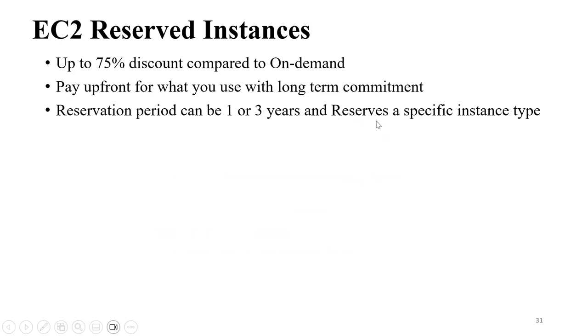Yes, here it is a specific instance type. Suppose I have taken hardware resources of something like 32 GB capacity. For that 1 year you need to use 32 GB only. You cannot change the type of instance in the middle if you go for a specific instance type.